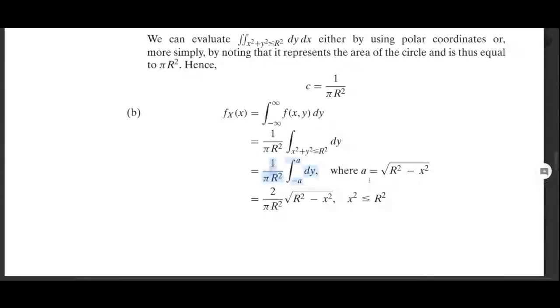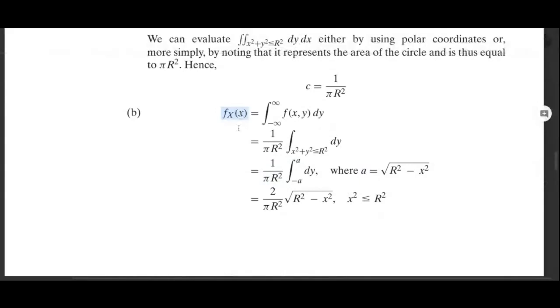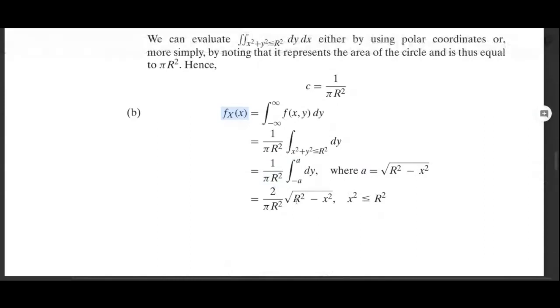And what is a? A is the square root of r squared minus x squared, because we're trying to find the range within the circle for x. Then we do the calculation: 2 over pi r squared times the square root of r squared minus x squared, where x, y has to be inside the circle.